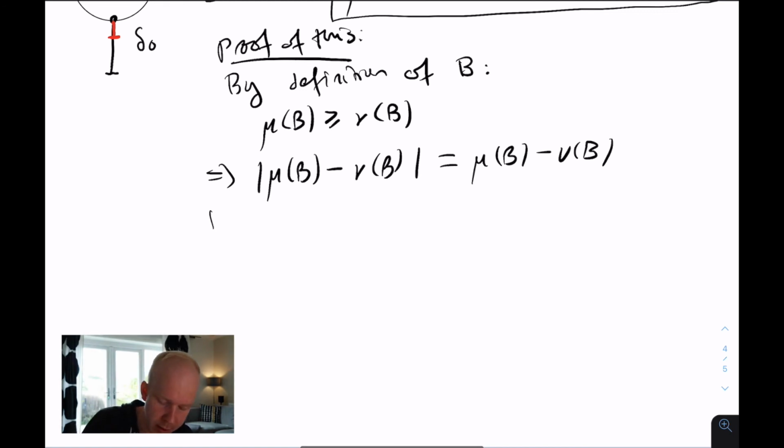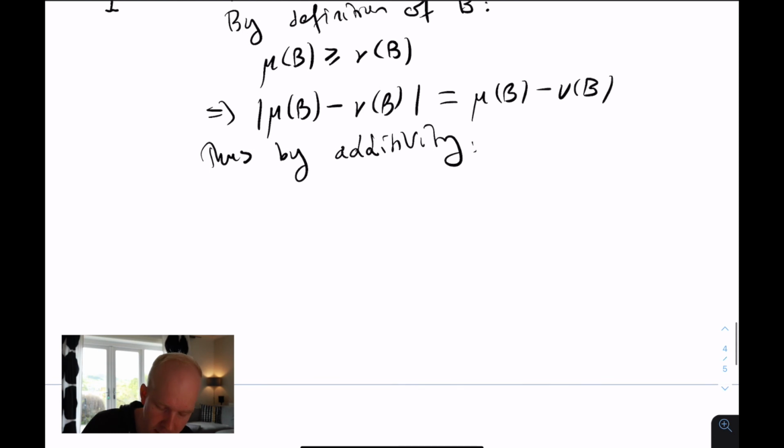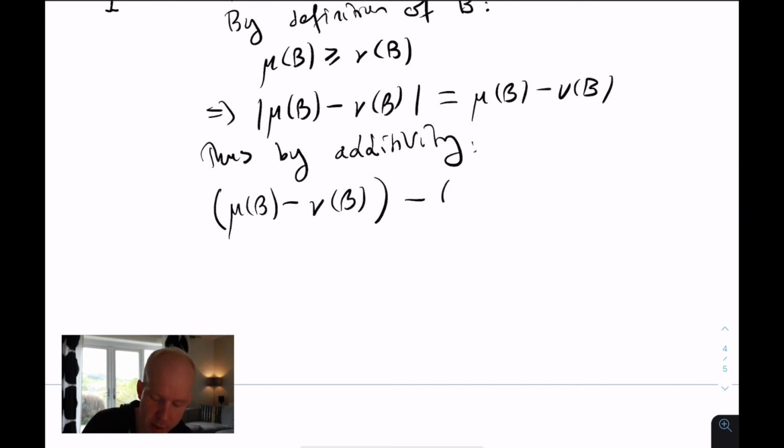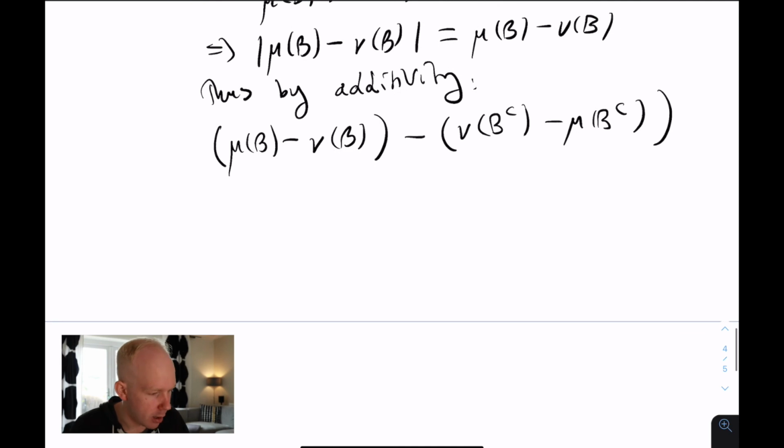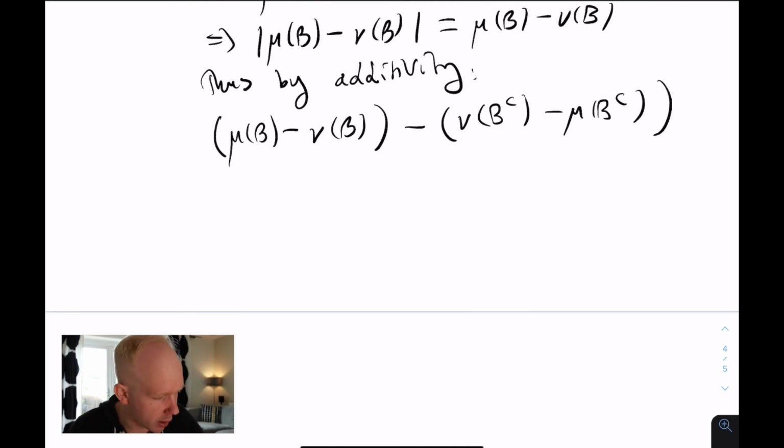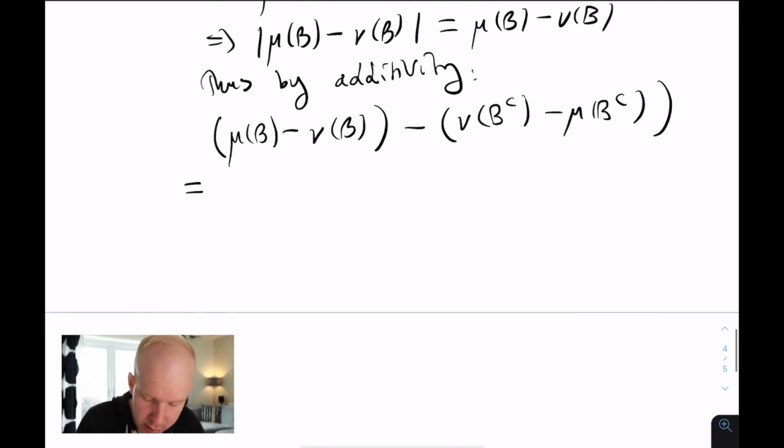So thus, by additivity, we obtain the following: if you take this mu B minus nu B, and then you subtract the one that we want it to be, so mu B complement minus nu B complement. So remember, this is what we want the expression to be. And then we just reorder these terms.